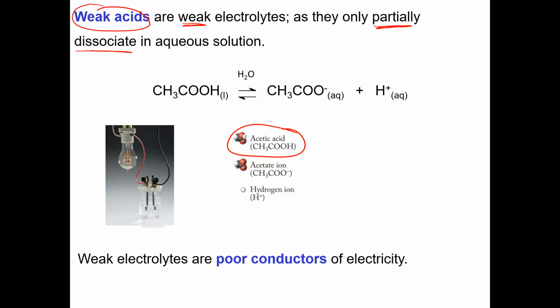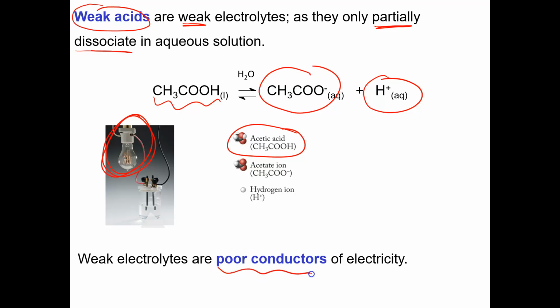So weak acids don't completely fall apart into hydrogen ions and an anion. In fact, most of their molecules remain intact as neutral molecules, and as a result, aqueous solutions of weak acids are conductors but not great conductors of electricity, so we describe them as weak or poor electrolytes.